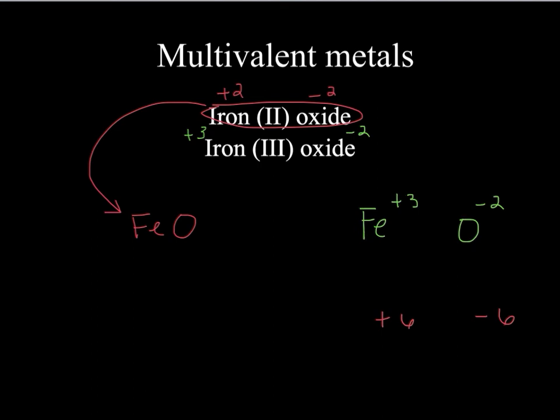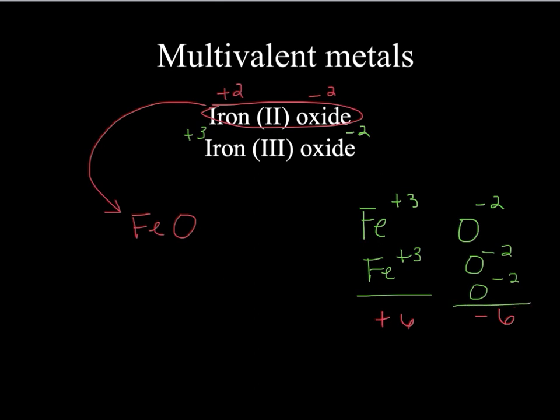So in order to get +6 as my charge, I know I need 2 irons with a +3 oxidation state. 3 + 3 is +6. In order to get -6 for my negative charge, I need 3 oxides. -2 times 3 is -6.